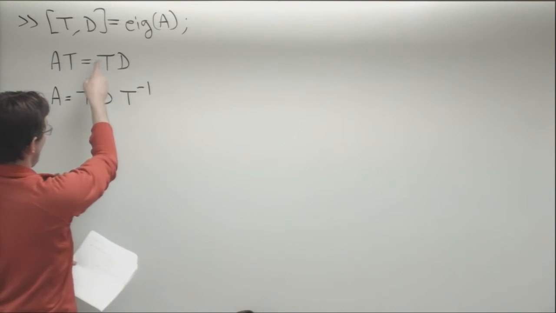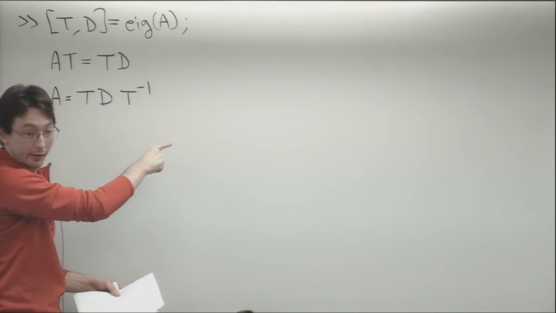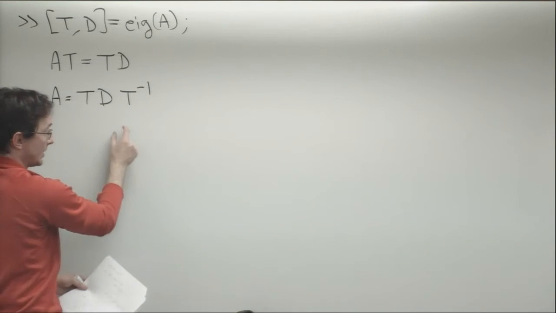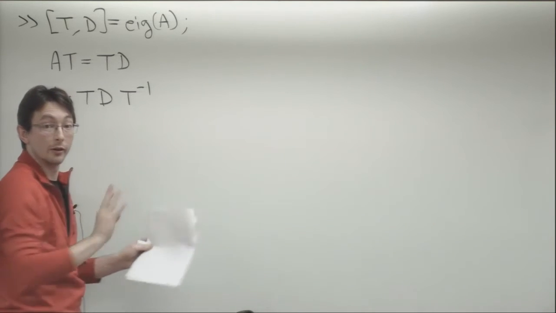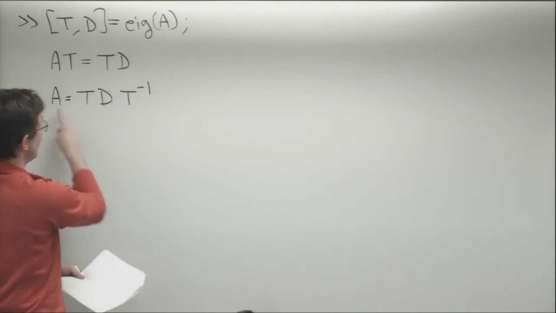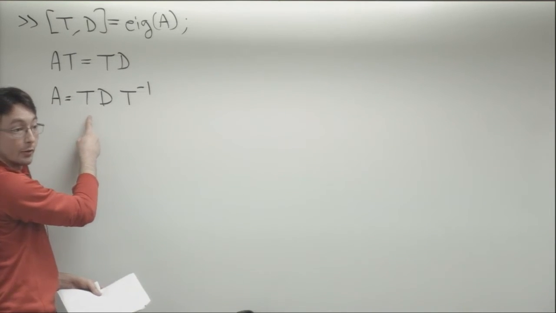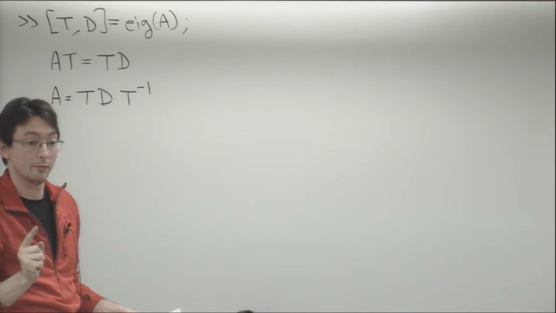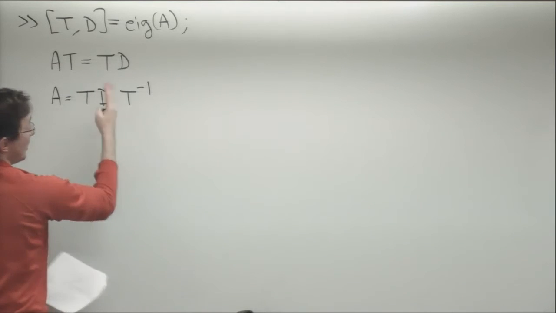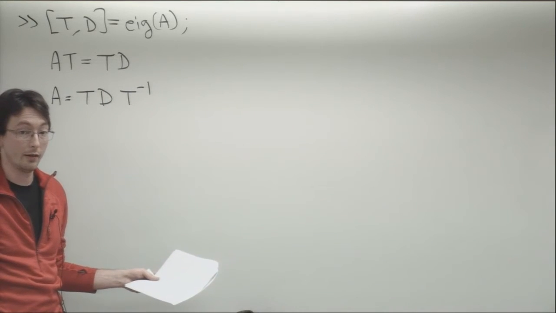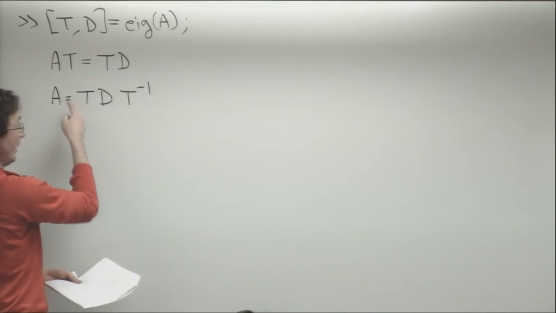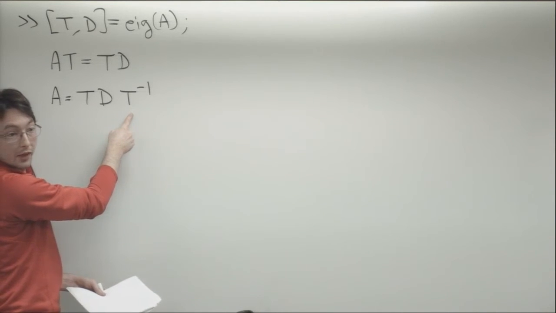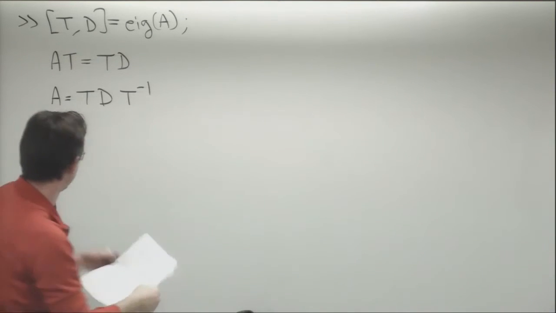But for now, let's just assume that I have nice, distinct eigenvalues for a real valued matrix A, and then I'm guaranteed to have an orthogonal set of eigenvectors for T. So I can invert it. If I have an orthogonal set of columns, meaning none of them are linearly dependent, its determinant is non-zero, and I can invert it.